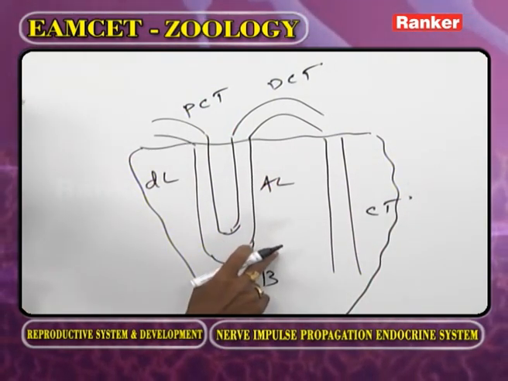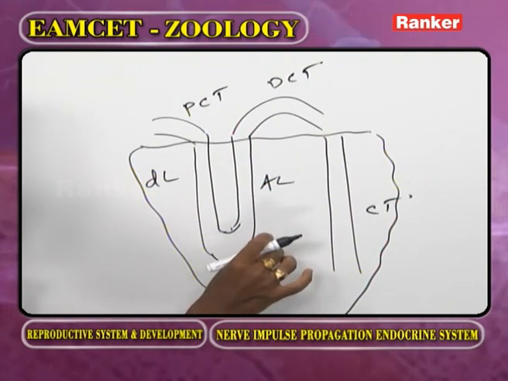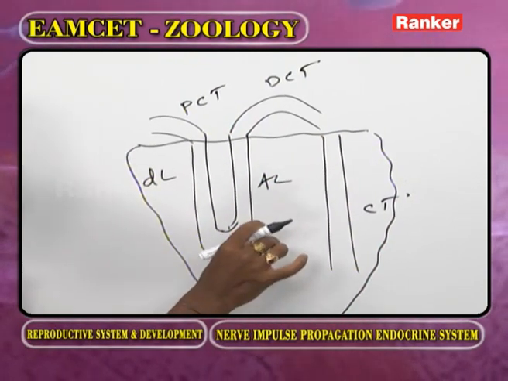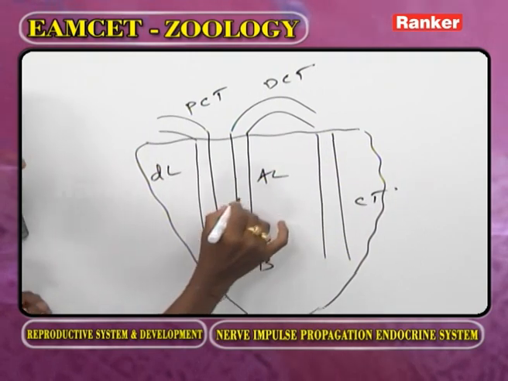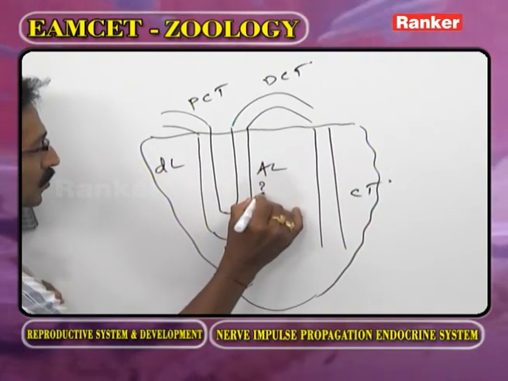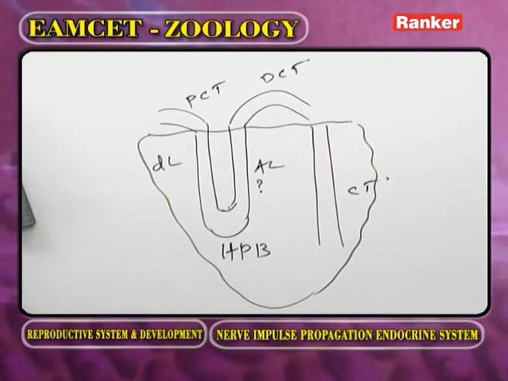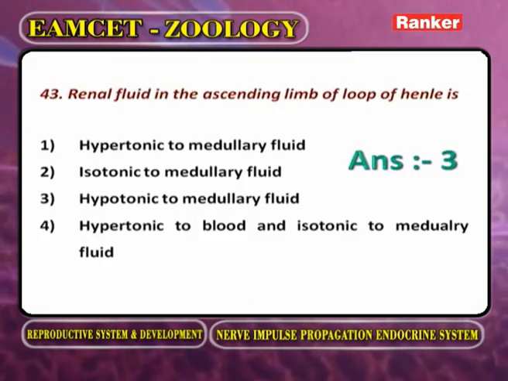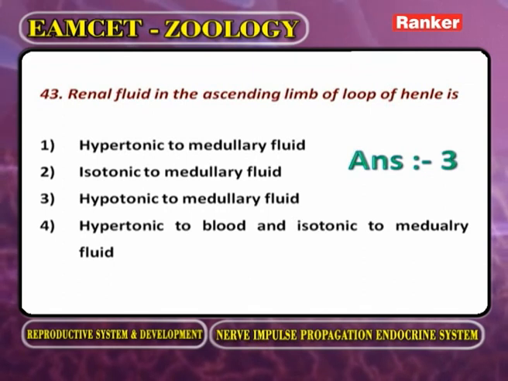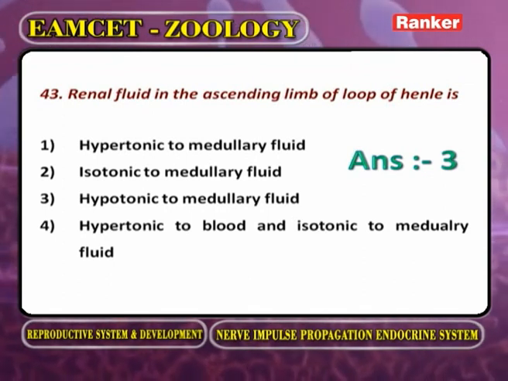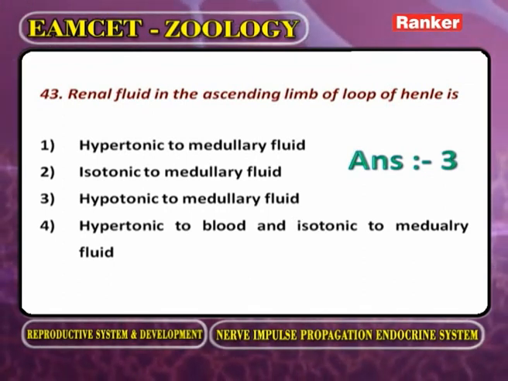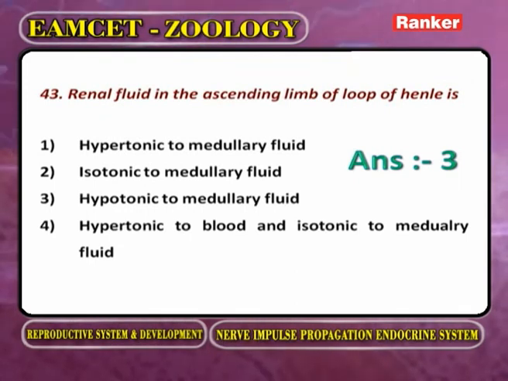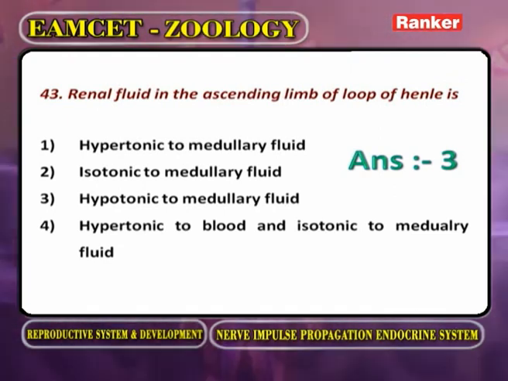In the medullary pyramid, the tissue fluid is called medullary fluid. Now the question is related to the ascending limb. Let's observe the question again: the renal fluid in the ascending limb of the loop of Henle is hypotonic to the medullary fluid.